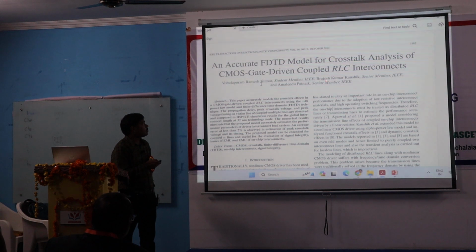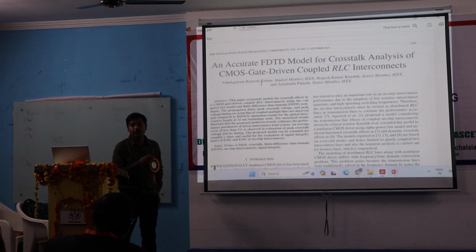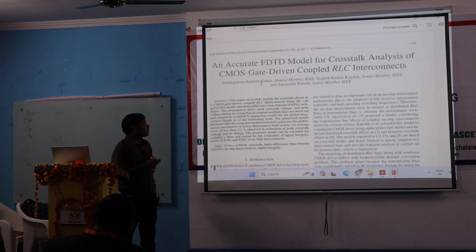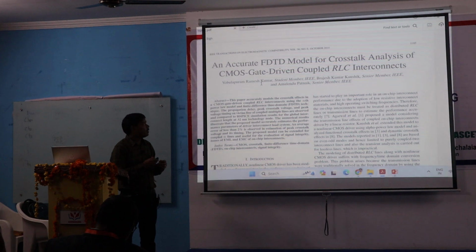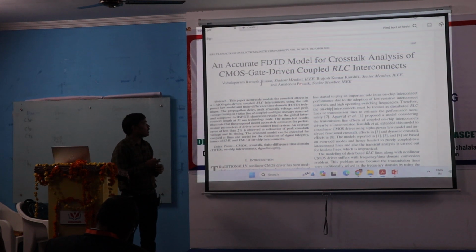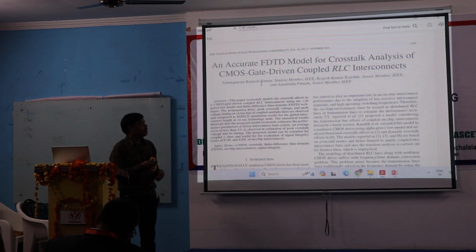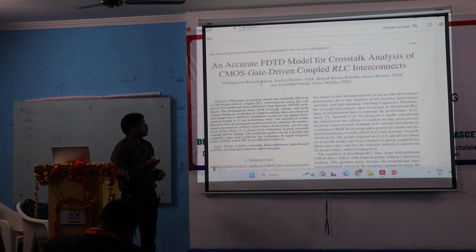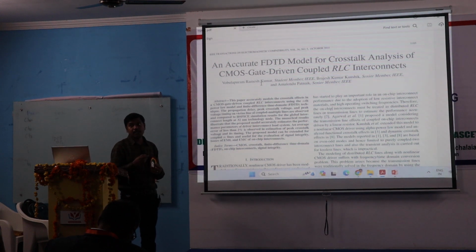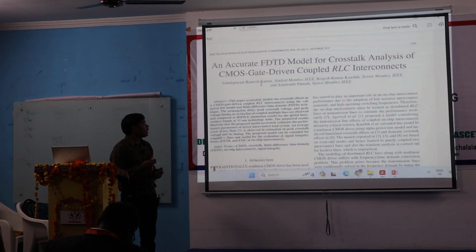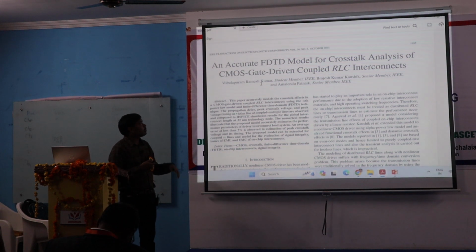He is my supervisor, Rajesh Kumar Kaushik. He is from a VLSI background. And the second person is Dr. Amarendu Patnaik. He is from signal processing. He guided me on how to develop the FDTD models and how crosstalk is induced in the on-chip interconnect. With these two people's support, I wrote this paper.